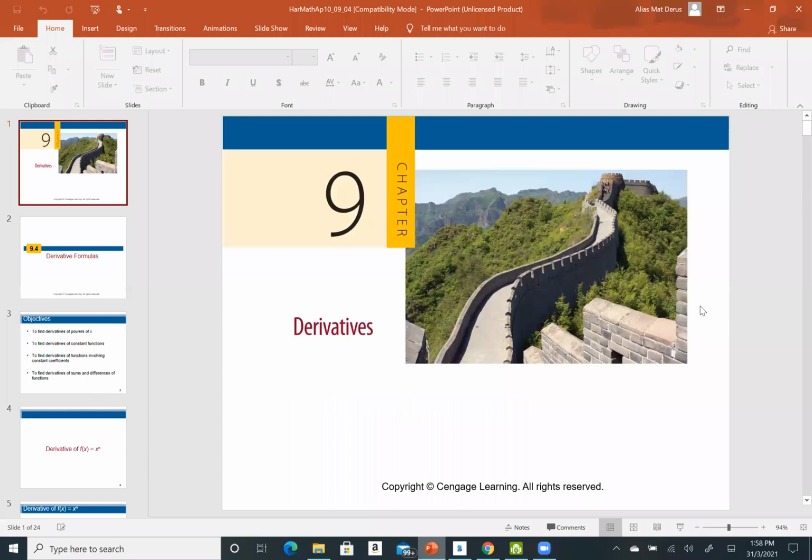So f prime or y prime is equal to, okay, I want you to look at the screen, look at the f prime, and see how we get the derivative.